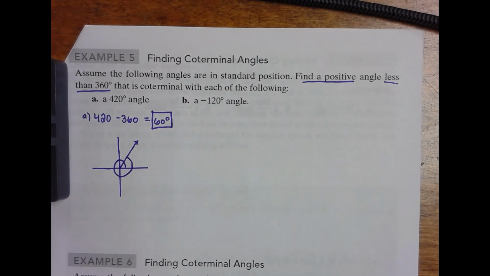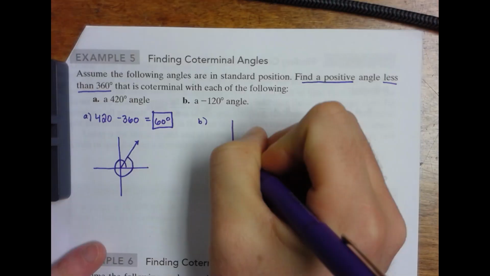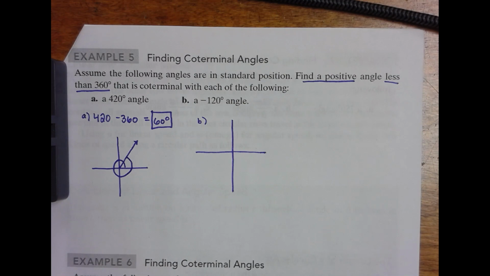All right, so now with B, that is a negative. Just know that you do not need to draw the angles to describe the coterminal angle. This is just me adding in the explanation of what coterminal is.